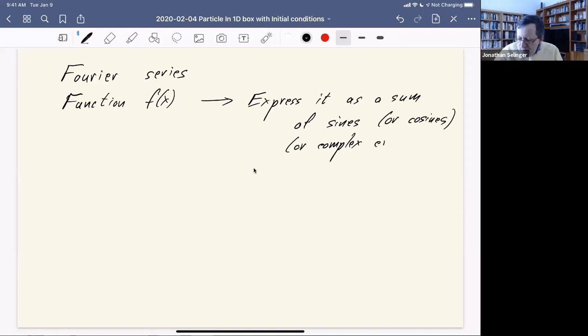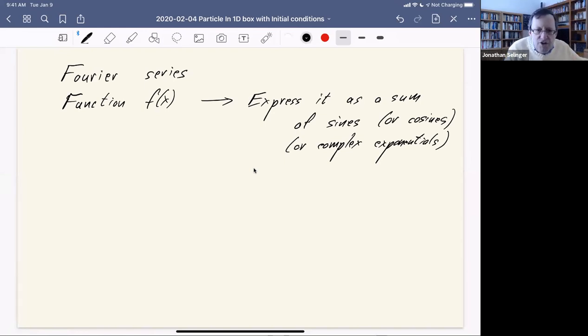Any of those things, right? But it's the same idea, okay? And so that's what we want to do here, right? We want to take a function that's not a sum of sines, but express it as if it were a sum of sines, okay?